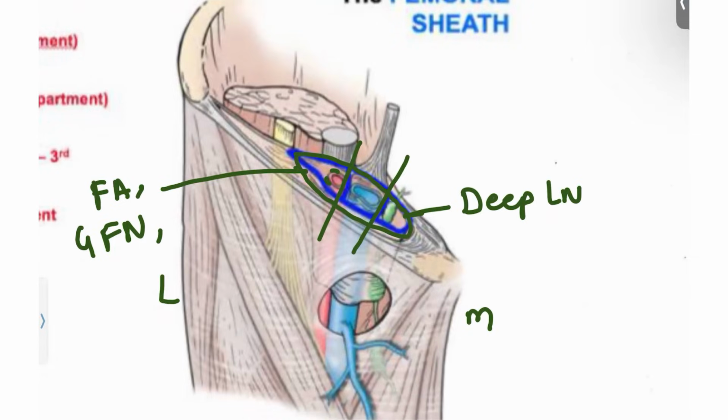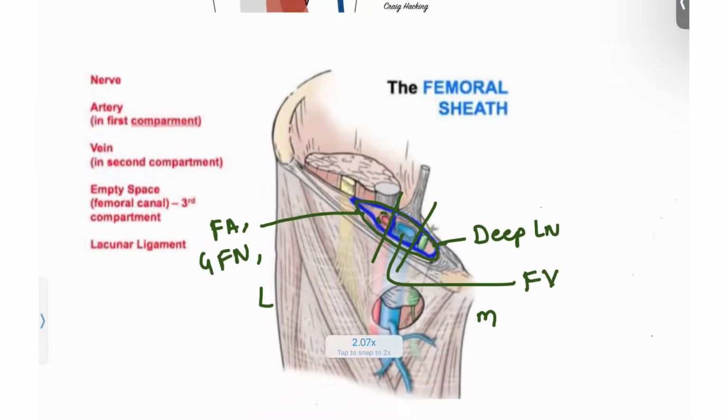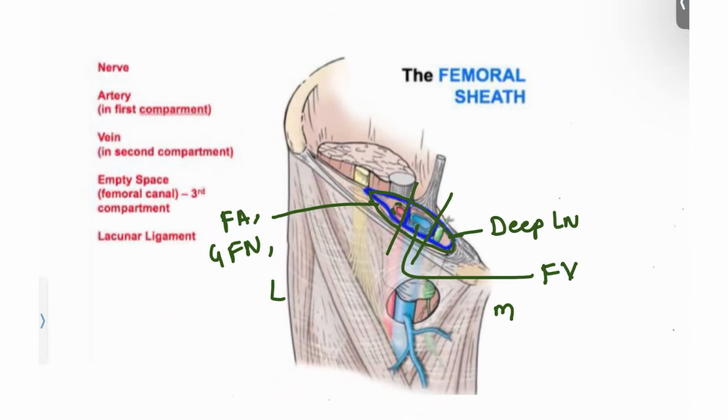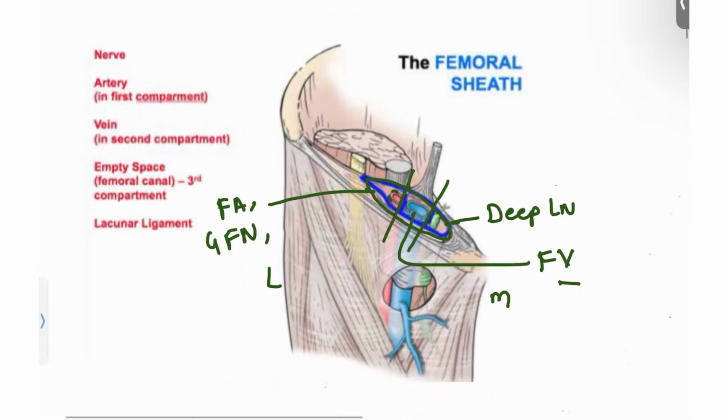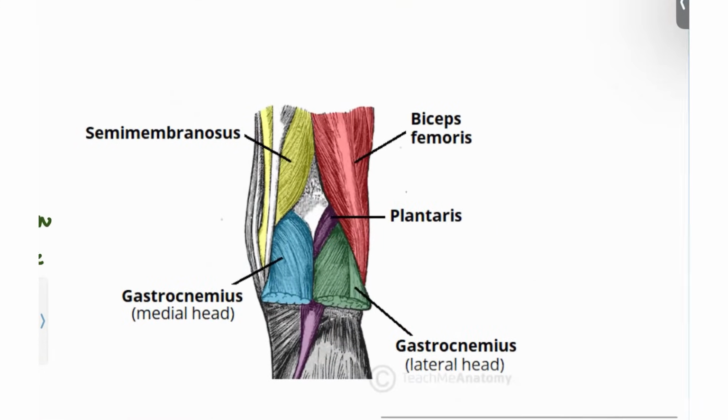Here you can see clearly this is the vein, the femoral vein, and this is the femoral sheath, which covers these important structures. Medially the deep lymph nodes, intermediately the femoral vein, laterally the femoral artery, and another one is the genitofemoral nerve.